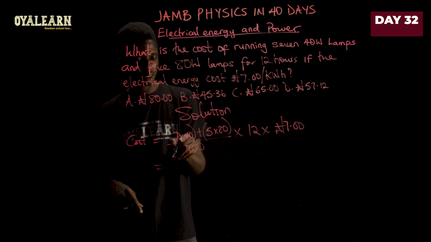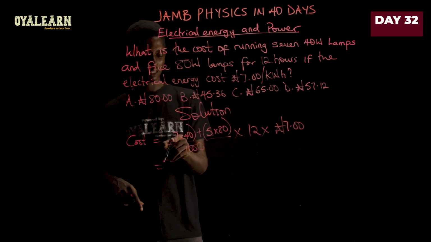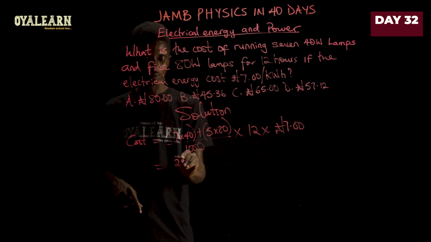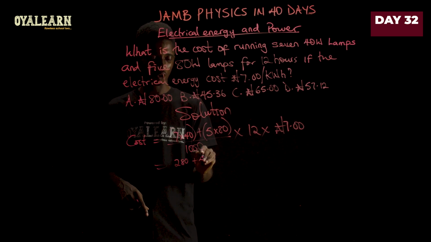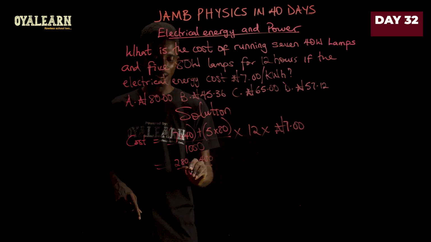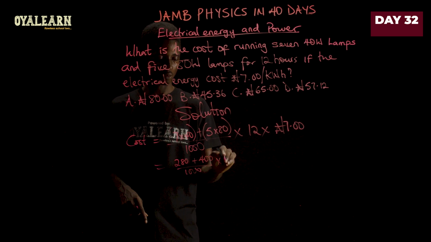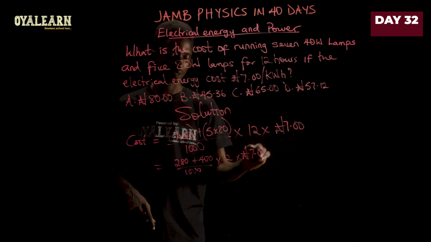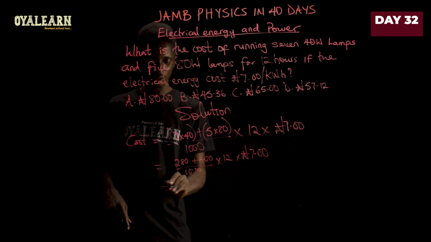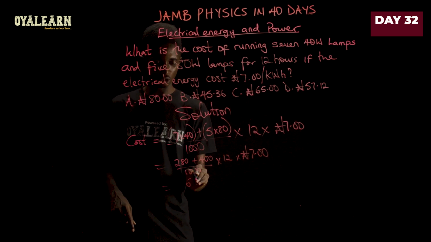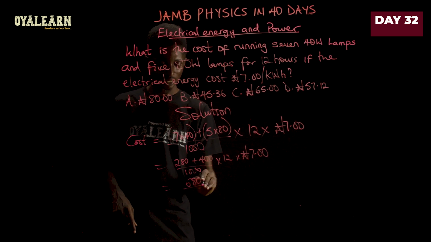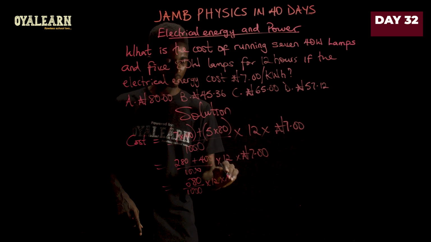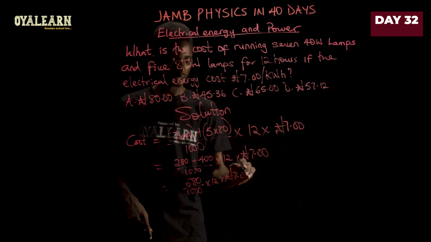Now working with this would give us 7 times 40, that's 280, plus 400, all divided by 1000, times 12, times 7 naira. Now this would give us 680 divided by 1000 times 12 times 7 naira.